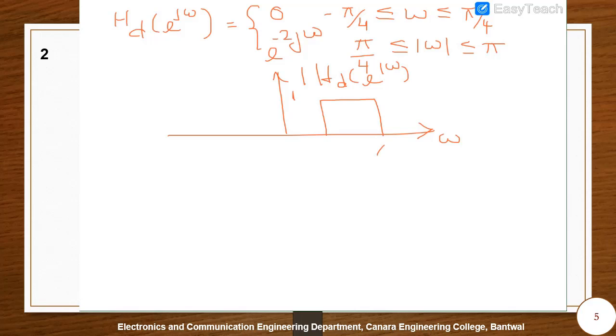It varies from pi by 4 to pi. It's minus pi by 4 to minus pi. And it is a high pass filter, HPF. It is a high pass filter, and we need to design the filter using Hanning window.